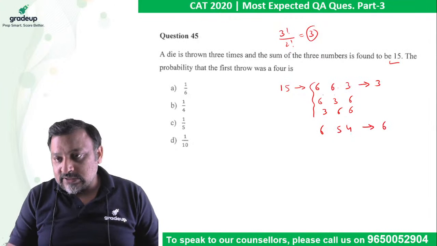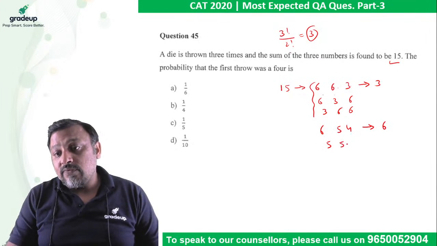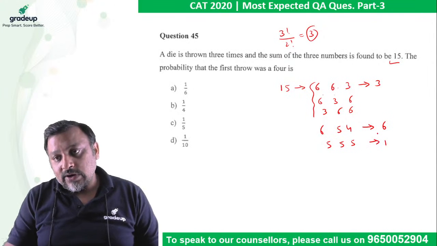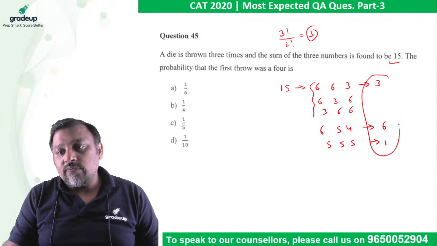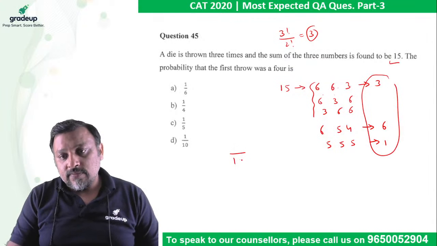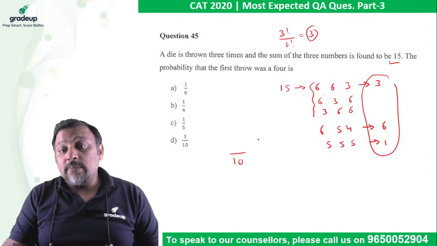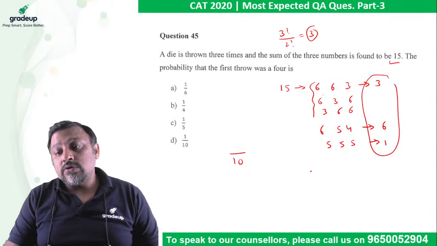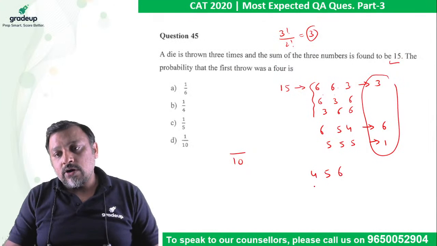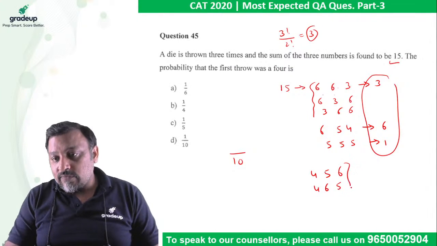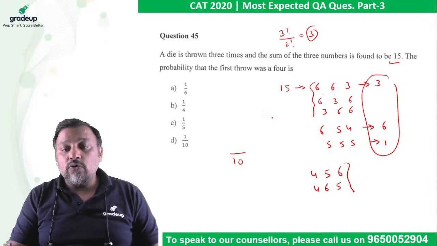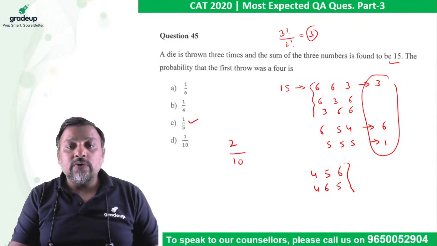This can be written in 6 ways. And 555 can be written in 1 way. So the total ways of getting 15 is 10. And favorable ways, that means the first throw was a 4, so it can be 456 or 465. Two favorable ways out of a total of 10 ways, so it is 1/5.